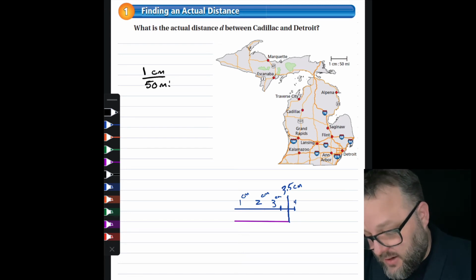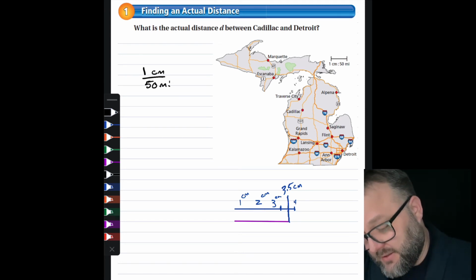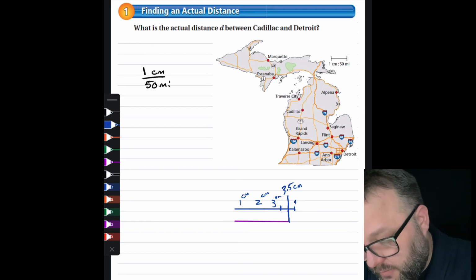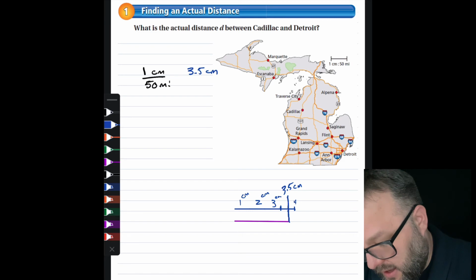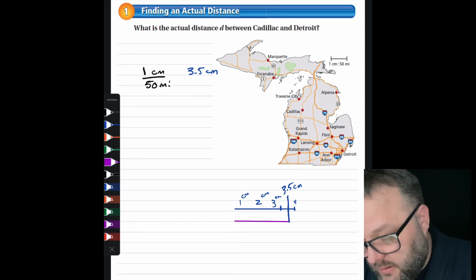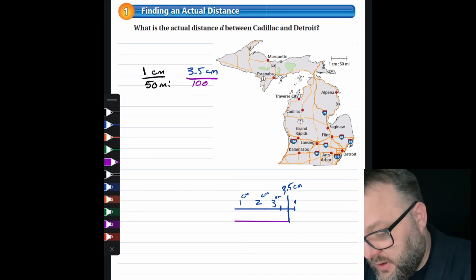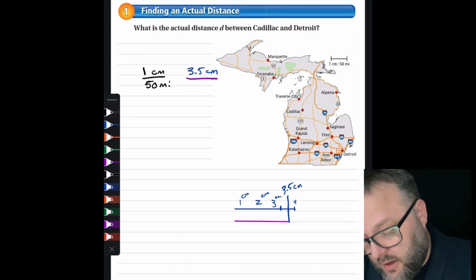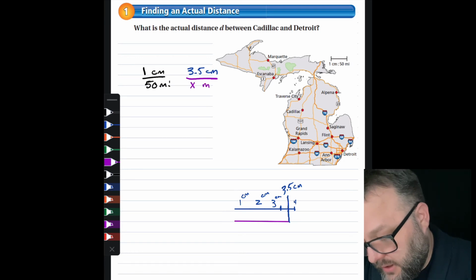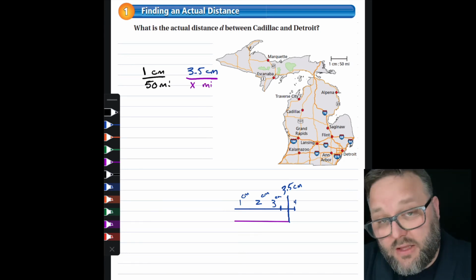Okay, now what I do know is the same as 3.5 centimeters and how many miles. Oh, why did I just write 100? I got so used to writing over 100 from another time. All right, over X miles. I don't know how many miles, but I do know that these have to be equal.